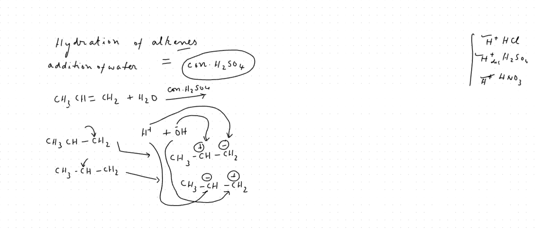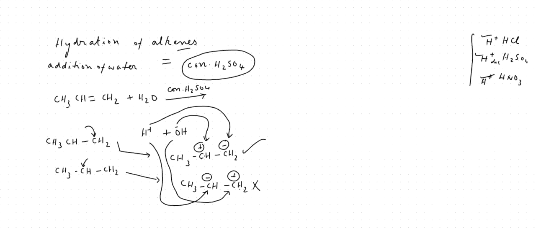Actually, what happens is, this is what is favored, but this is not favored. Because this is a secondary carbocation, and the secondary carbocation is more stable than the primary carbocation, the H plus goes to that carbon which has the negative charge, the carbon with more hydrogens.